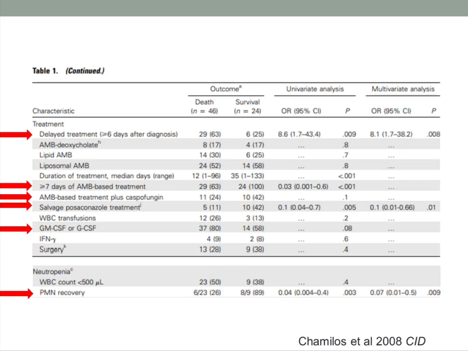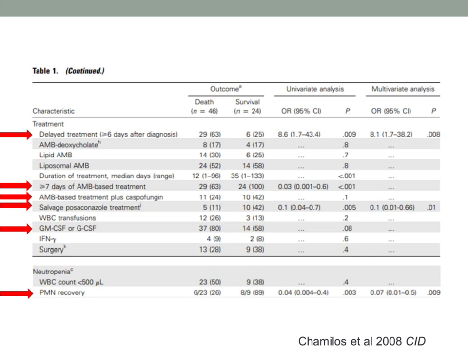Combination therapy with caspofungin did not have a statistically significant benefit in univariate analysis. Using posaconazole as your salvage therapy did have a substantial benefit in multivariate analysis. Now, this is kind of pre-isavuconazole days. It's 2008, you can see. So it's not necessarily to say posaconazole is superior to isavuconazole. You can't draw that because isavuconazole wasn't even really routinely in practice at this point.